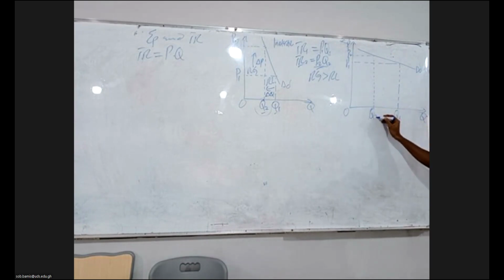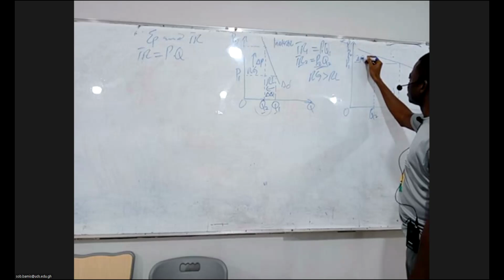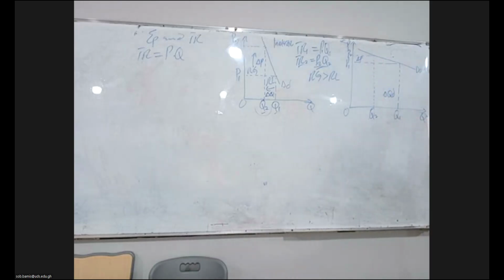To Q2. We can see that the change in quantity demanded for the product compared to the change in the price of the product, they do not match. Following the marginal increment in the price of the product, the percentage change in the quantity demanded is far greater than the percentage change in what? In the price.